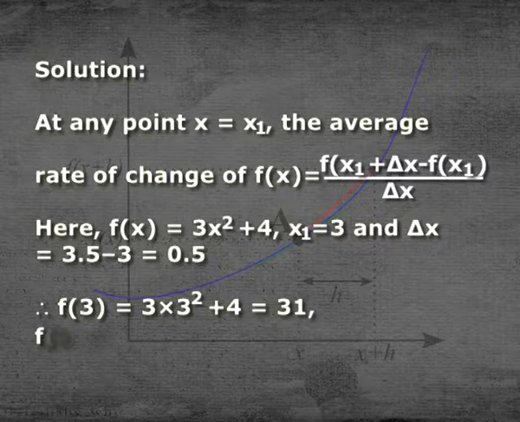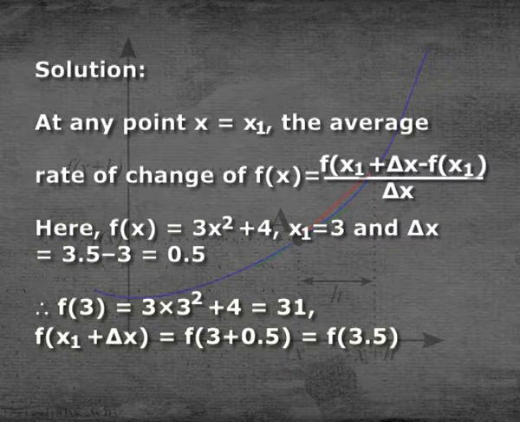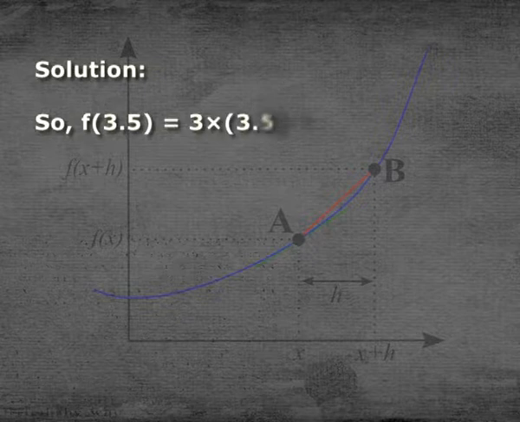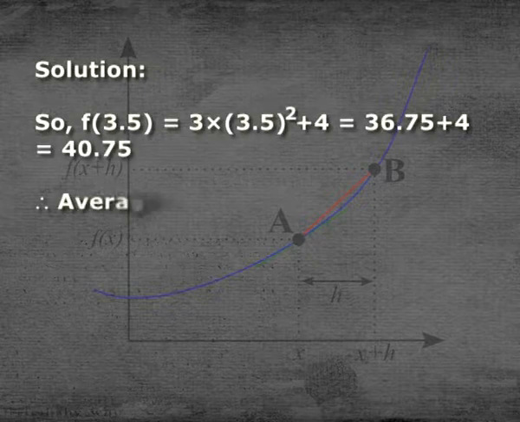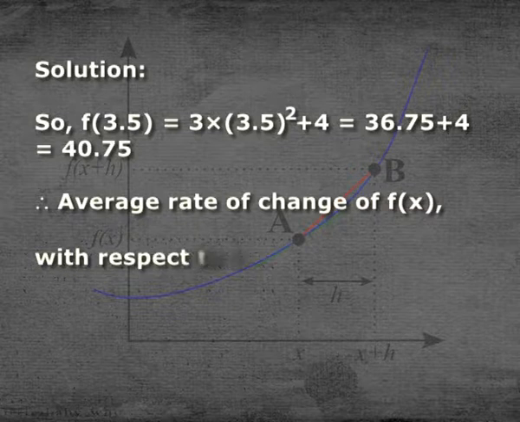Therefore f of 3 will be equal to 3 into 3 squared plus 4, that is equal to 31. Now f of x1 plus del x is equal to f of 3 plus 0.5, that is equal to f of 3.5. So we find the function of 3.5, which is equal to 3 into 3.5 the whole squared plus 4, and that is giving us 36.75 plus 4, that is finally giving us 40.75.